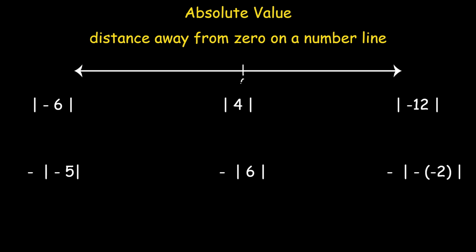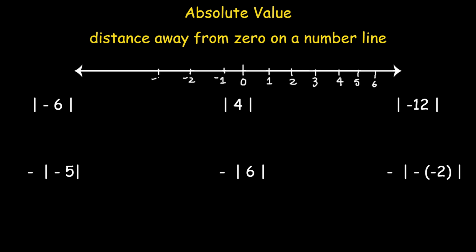We start at the origin, which is 0, and towards the right we have our positive numbers 1, 2, 3, 4, 5, and 6. And on the left side of the number line, we will have our negative numbers.